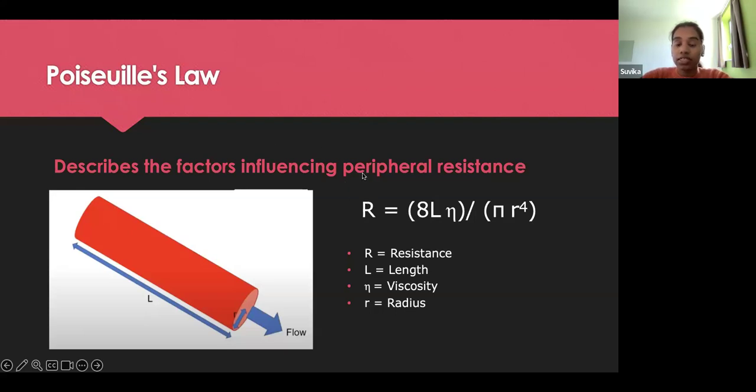Because the radius is on the denominator of this equation, the greater the radius, the less resistance you have, and vice versa. And radius actually has the biggest impact here because it's to the power of 4. So that's why radius of the vessel is really important when you're talking about resistance.